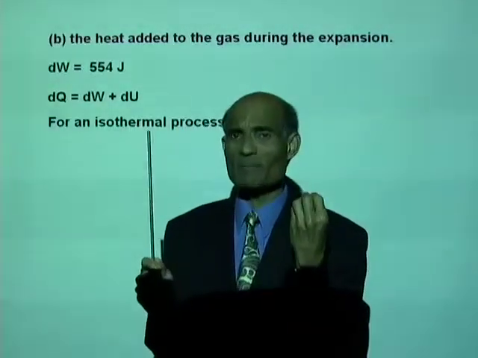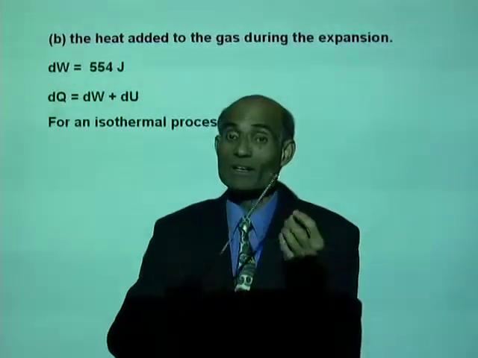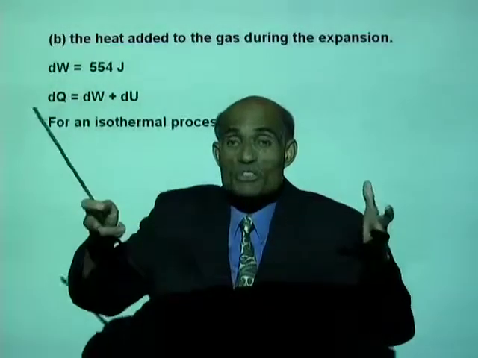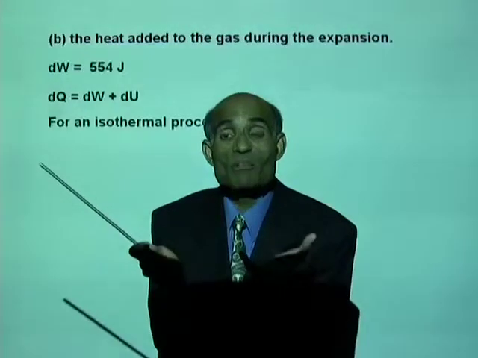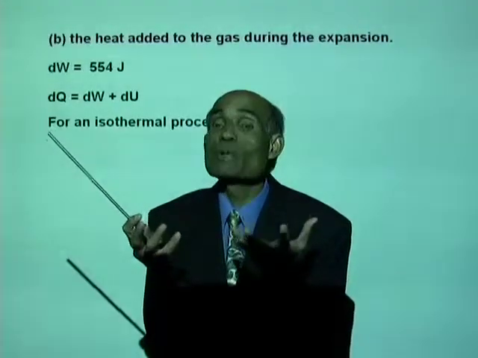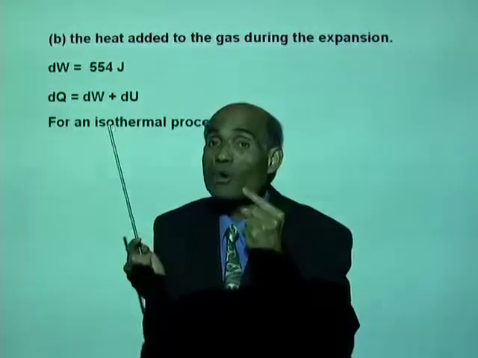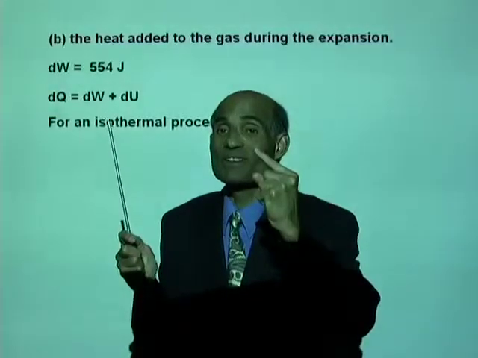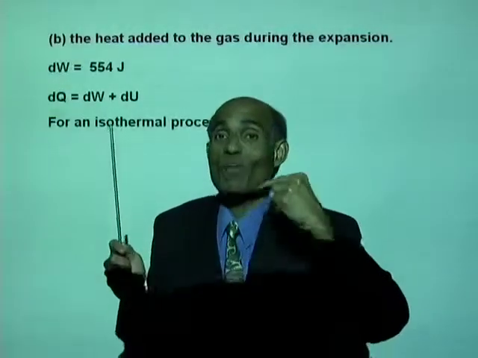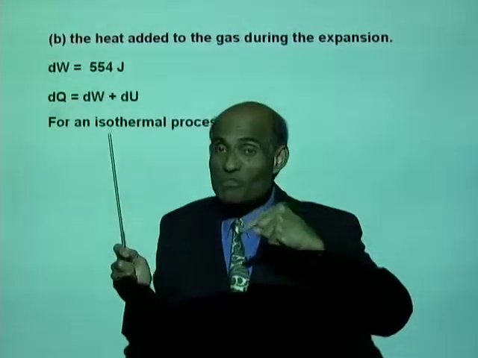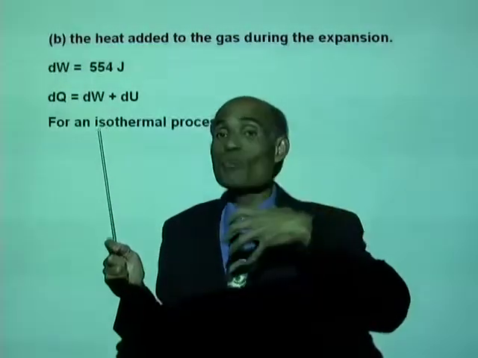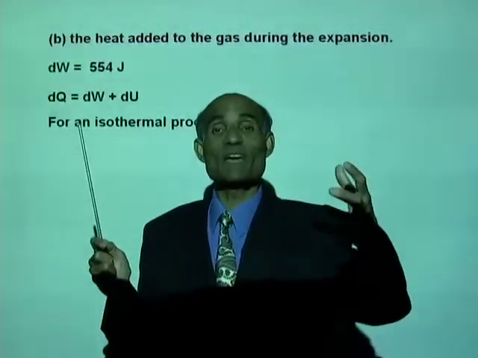Did you understand that? We said earlier that internal energy of a certain amount of gas at a very low density depends only on the kinetic energy. In other words, depends only on the temperature. If the temperature remains a constant, there will be no change in the internal energy.